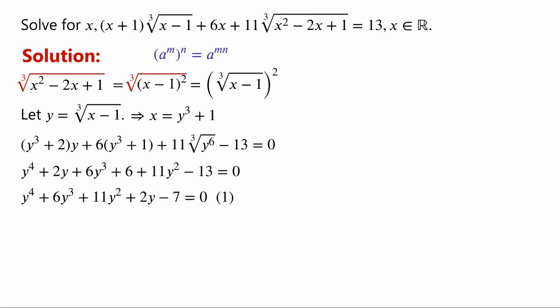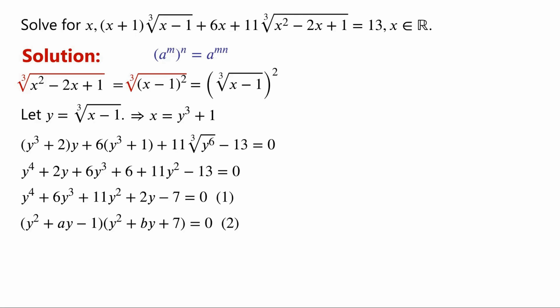By substitution, the original equation is transformed into a quartic equation. It is easy to verify, using the rational root theorem, that the quartic equation has no rational roots. We will solve the equation using the factorization method. Assume that the quartic expression in the left-hand side of the equation can be factored into the product of two quadratic expressions, y squared plus ay minus 1, and y squared plus by plus 7.